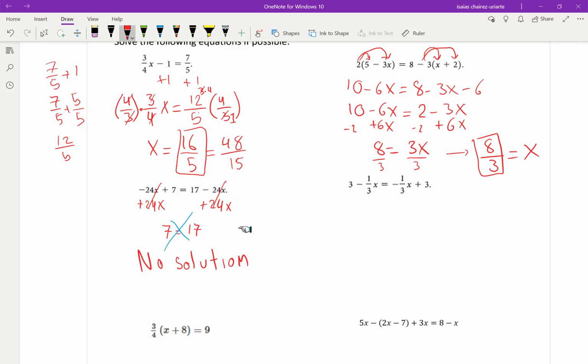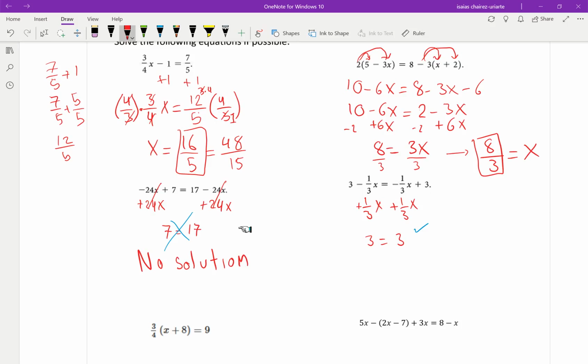So I guess sort of the same thing. I have to add 1/3 x to both sides, because I want to get my x's on the same side of the equation. But if I do that, then I end up with this 3 equals 3. And well, yeah, okay, 3 is equal to 3. But what does that mean about my original equation? Well, it means that there are infinitely many solutions.